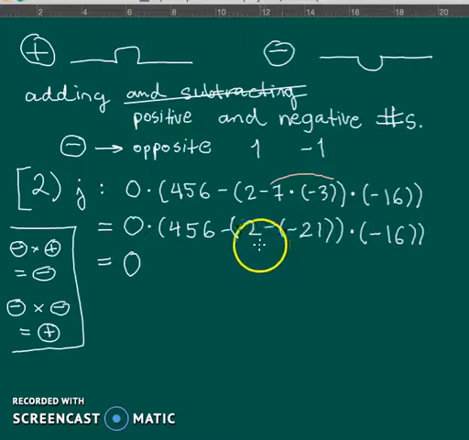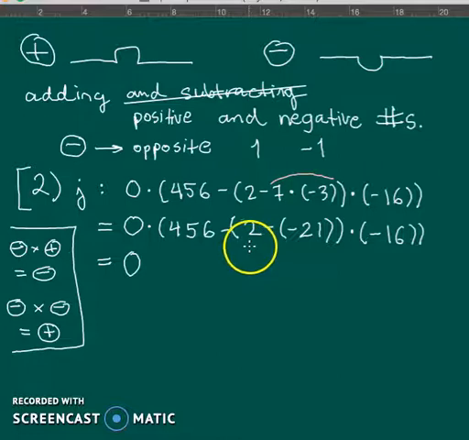All right, here I've got 2 minus negative 21. So we're not going to be focusing on subtracting here. Instead, we are going to be thinking of this in terms of adding negative numbers.